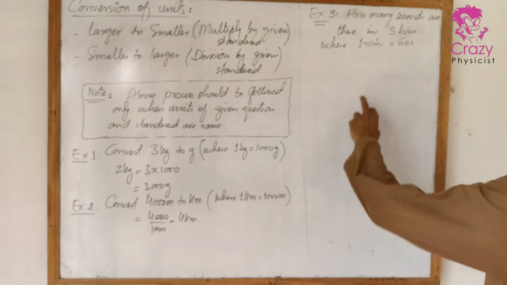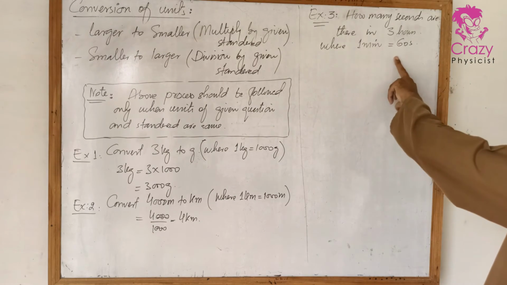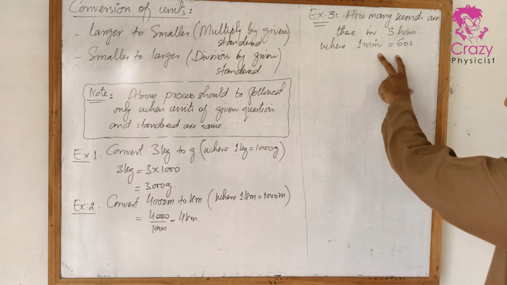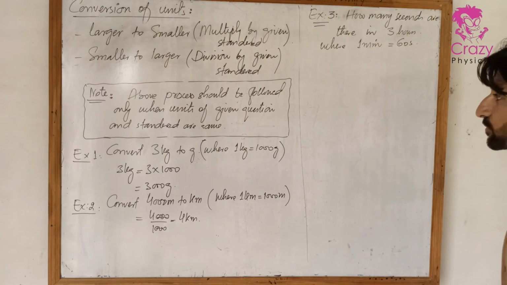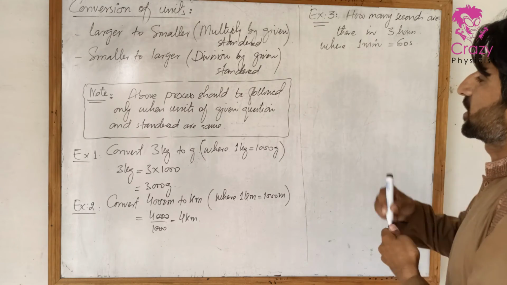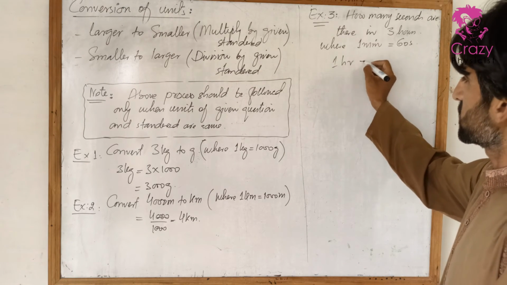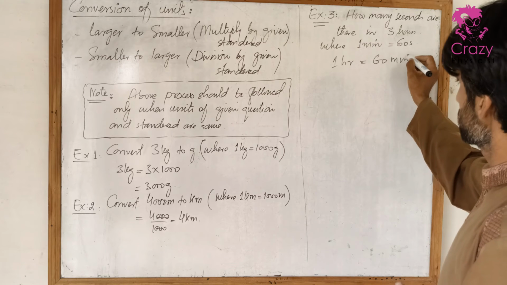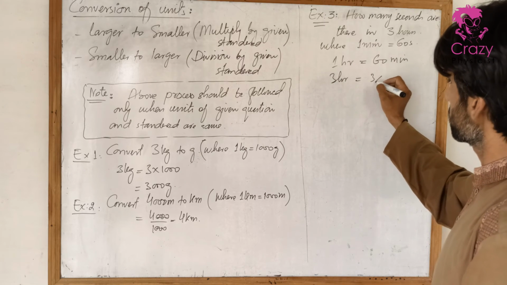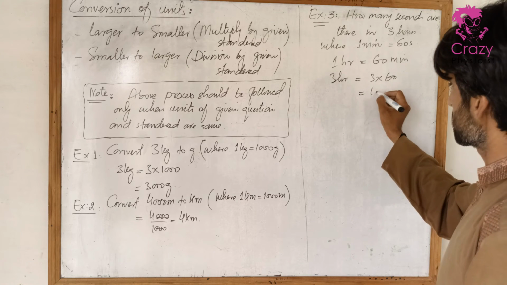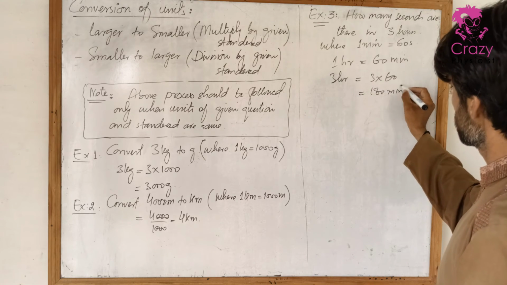So we will not use this particular standard directly. We will go for the given question. What if I say that 1 hour is equal to 60 minutes? If we have 3 hours, it will be 3 multiplied by 60, which is 180 minutes.